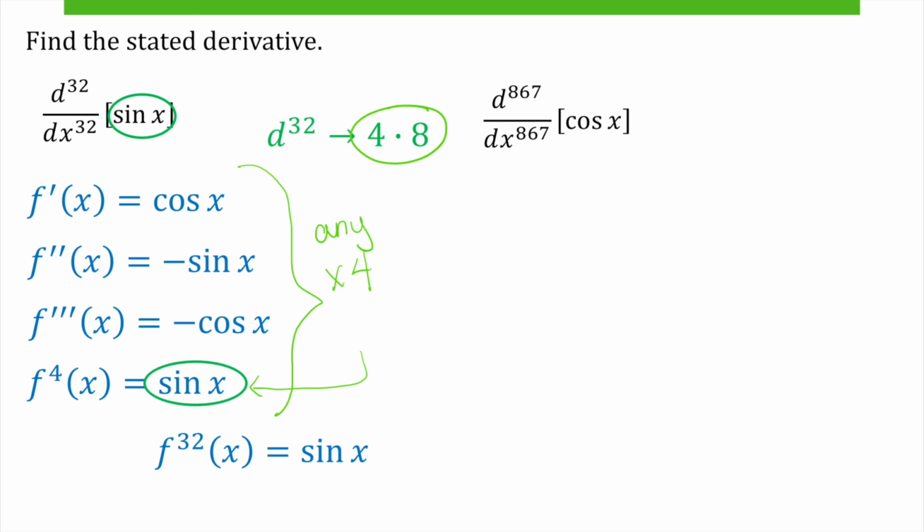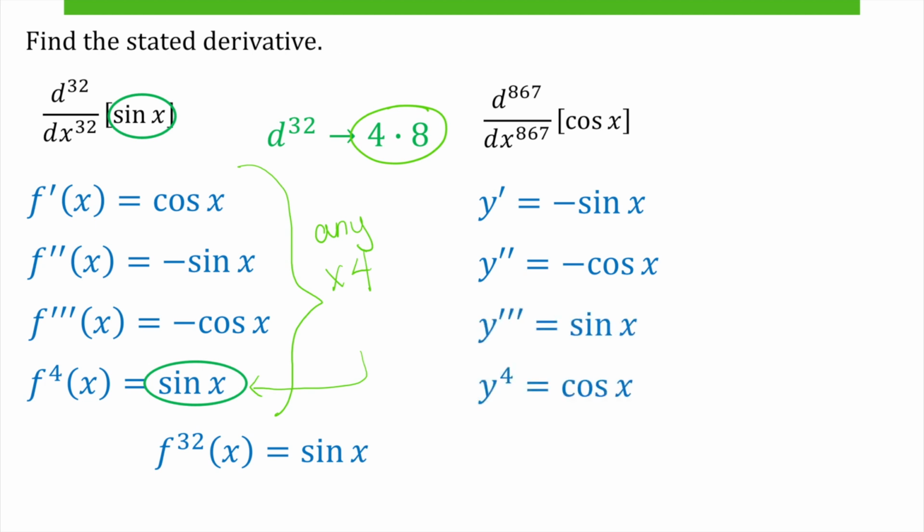Let's try the 867th derivative of cosine of x. Let's just start, see what happens. First derivative is negative sine x. Second derivative is negative cosine x. Third derivative is positive sine x. Fourth derivative is cosine x. Again, we are back to our original function.